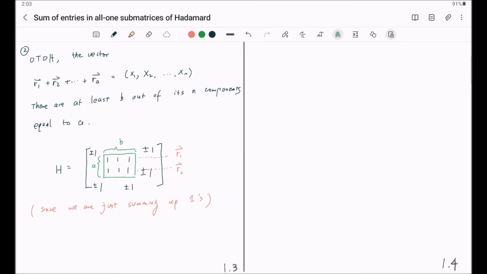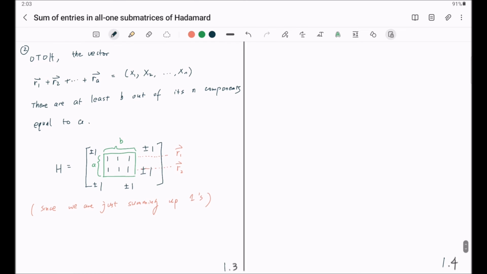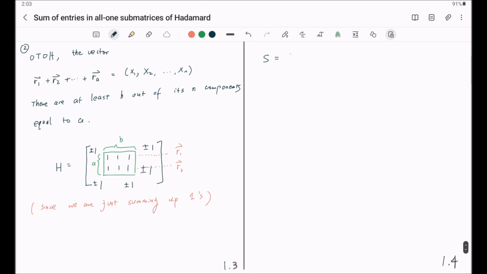So the second way of looking at this quantity is as follows. This S, which is the dot product of this vector with itself, will be bigger or equal to, because there are at least B out of its n components equal to A, B times A squared.